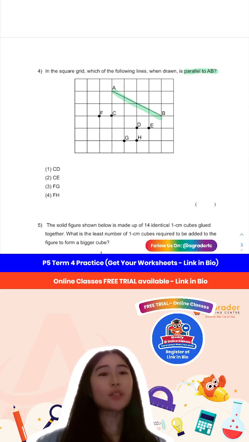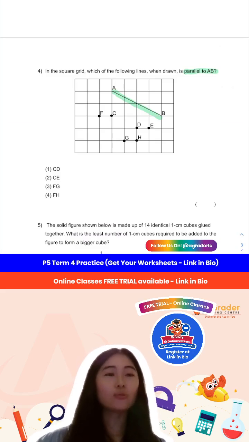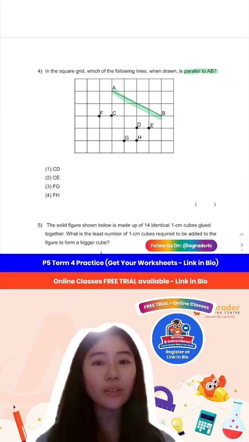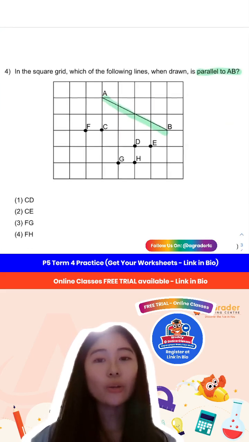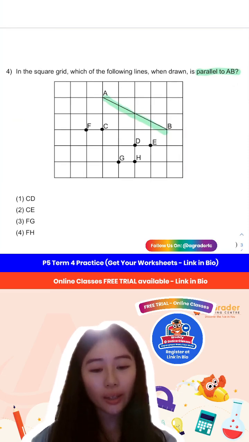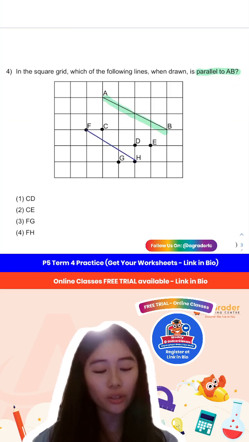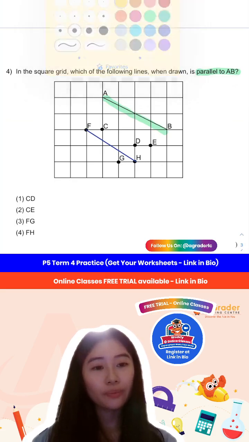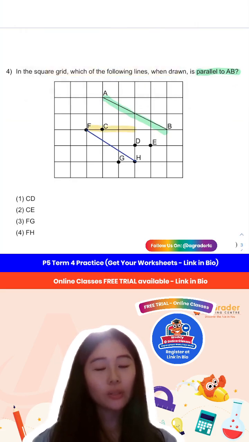Okay, so if this was an exam question, then unfortunately a lot of you will get this wrong, you know. Okay, those of you who said 4, it's not 4, right? Let's take a look. Why is it not 4? Okay, so I'll start with option 4. A lot of you say that FH is the answer. Okay, let's check FH first. So for FH, right, you need to go 3 steps to the right.